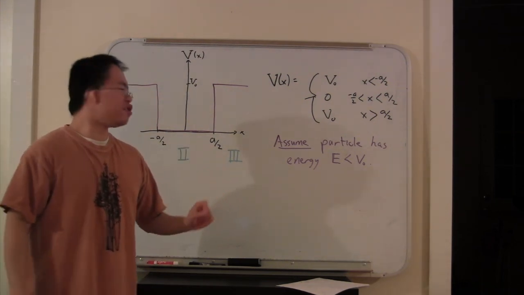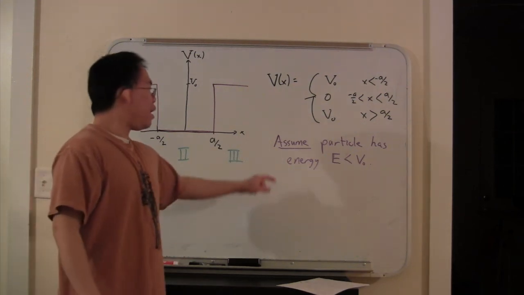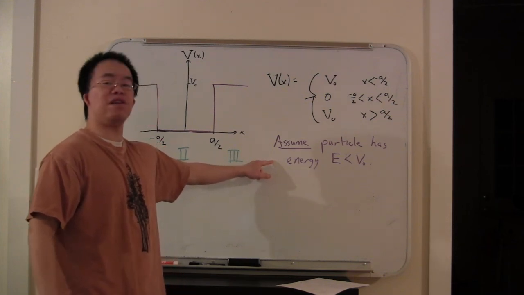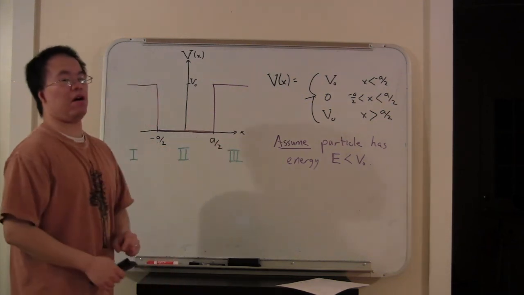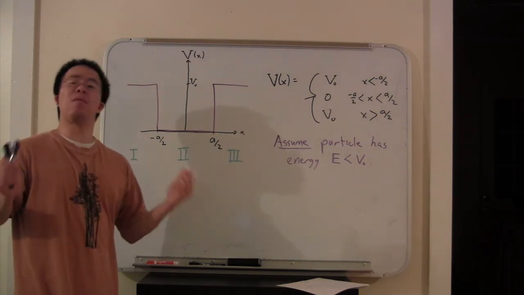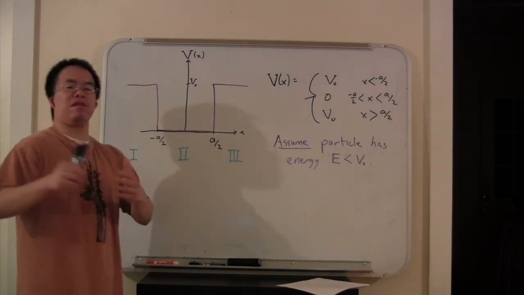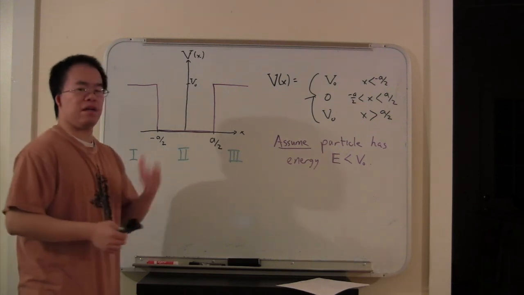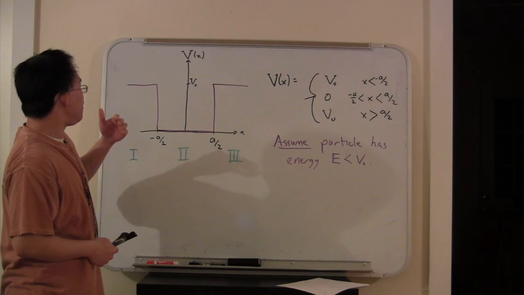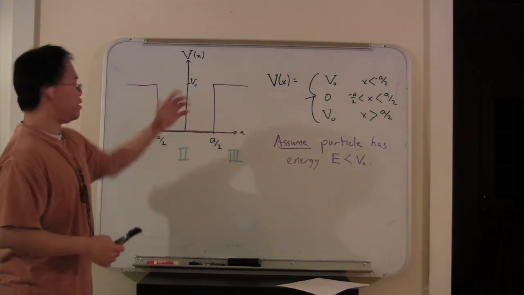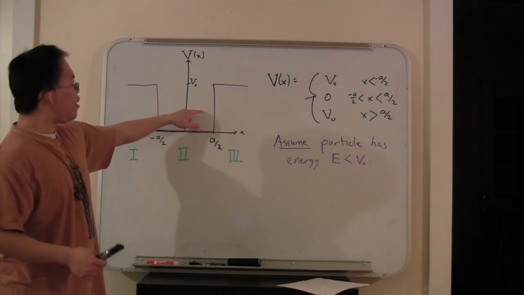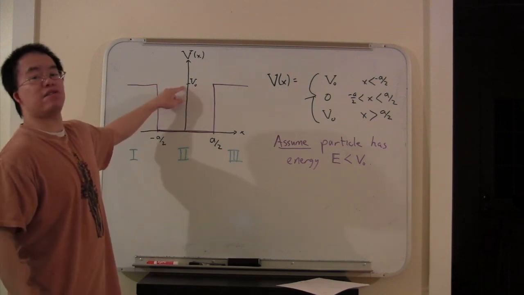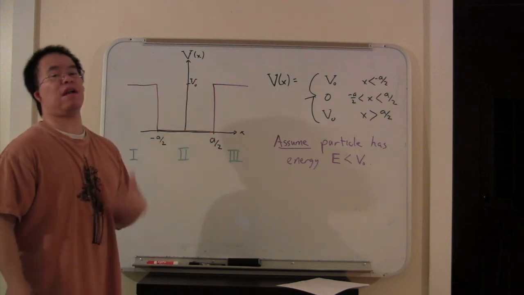There's one more thing I should mention about what we're going to do today. Throughout, we are going to assume that the particle has an energy less than V naught. Let's think about what this means classically. You know from our discussion of potential energy graphs a week or two ago that if I have a classical particle in the well, and it has a total energy less than the potential energy V sub naught, it can never get outside the well.